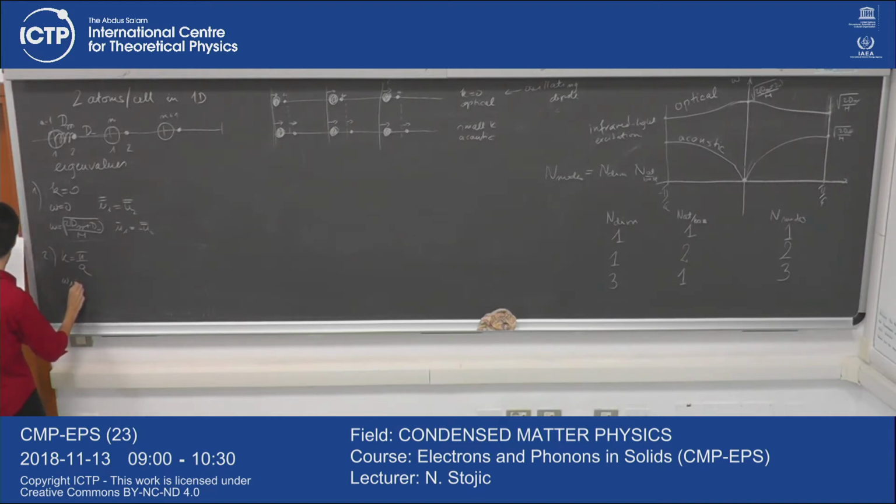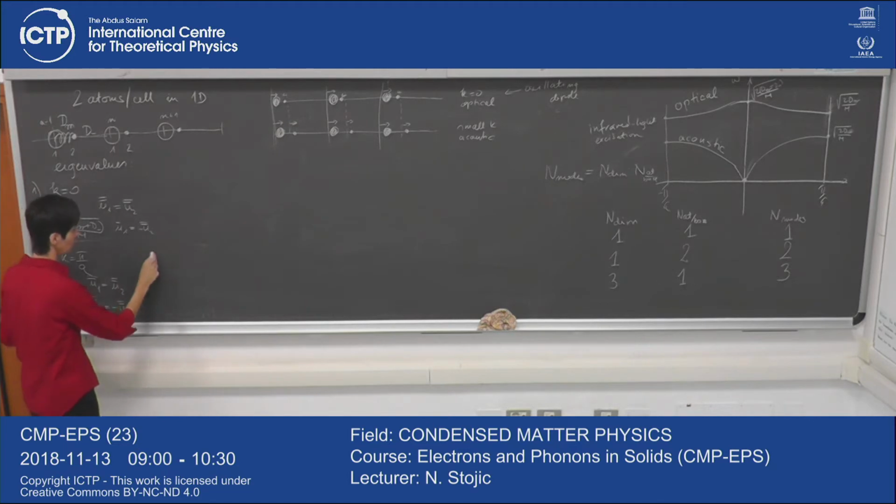Omega 1, U2 and omega 2. But we can do again the ratio of the displacement in the nearby cells. Now, if we do the same thing as we did in the beginning, U1, let's say, of n plus 1, over U1 of n.